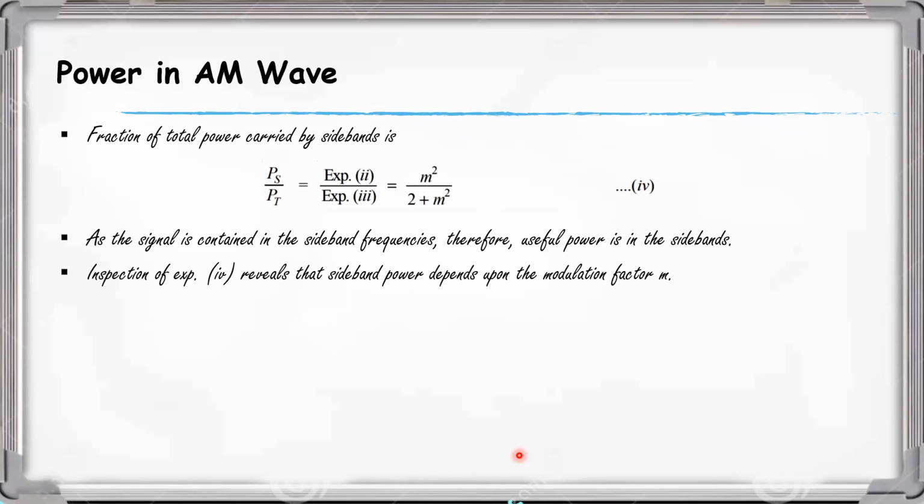Then looking at the expression, we can infer that the fraction of total power carried by sideband depends upon the modulation factor M. That is PS divided by PT is equal to M square divided by 2 plus M square.